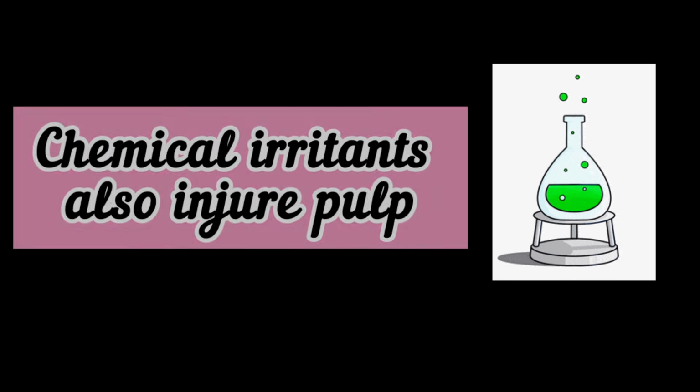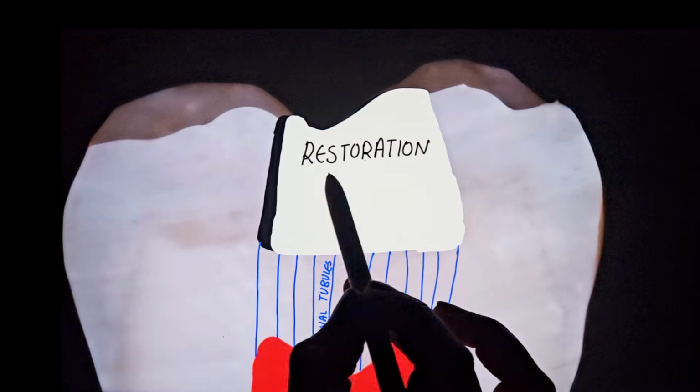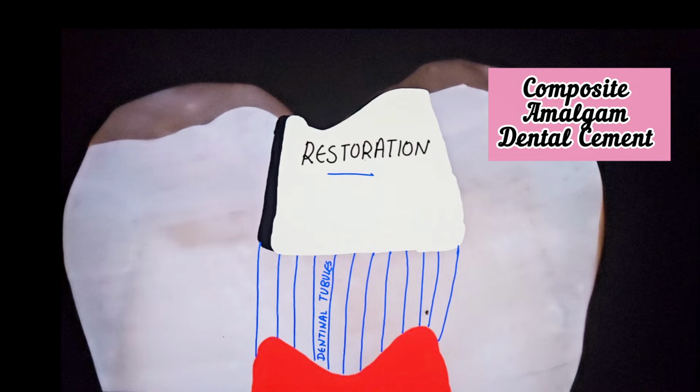Let's understand how. We do know that we use various kinds of restorations. This restoration can be composite, it can be amalgam, it can be any sort of metallic restoration, or in fact your dental cements.